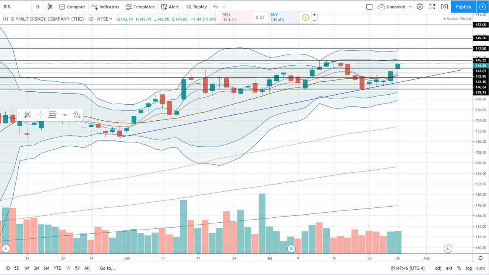Stops, 1. I'll give an option for a tight stop. We'll use probably like 144.50, because we don't want to get. Oh, sorry, 144.50. That's not right.